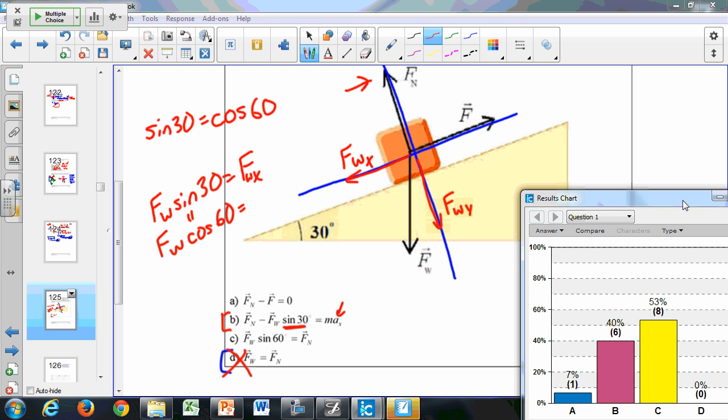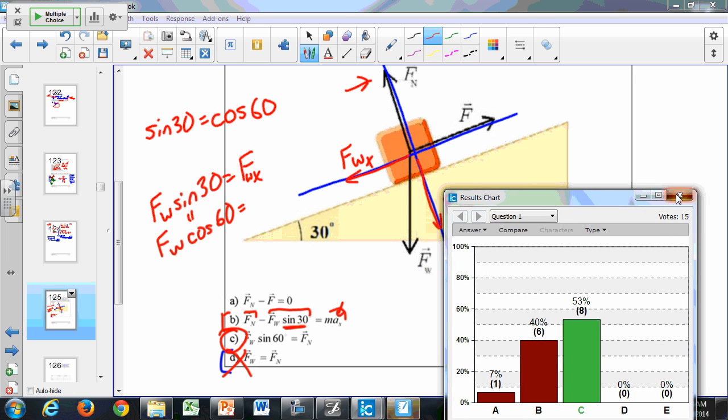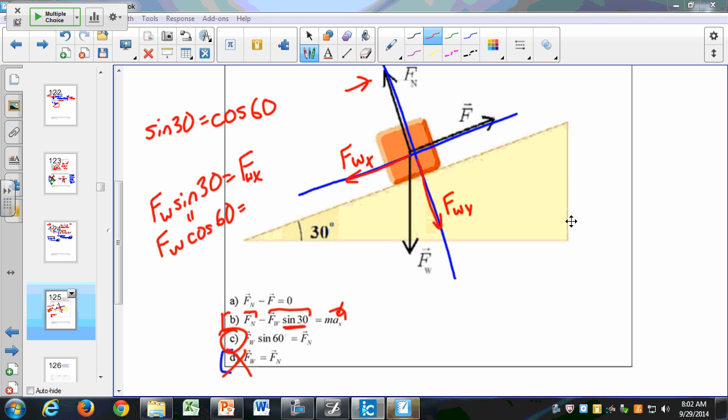So B is not right because this is the x component of the weight, and the normal force and the acceleration are in different axes. That leaves C as the correct answer. Half of you got it. In C, we can find that our FWY is equal to FW sine of 60.